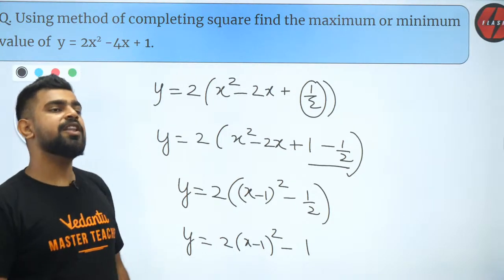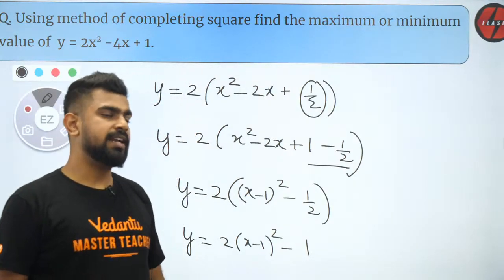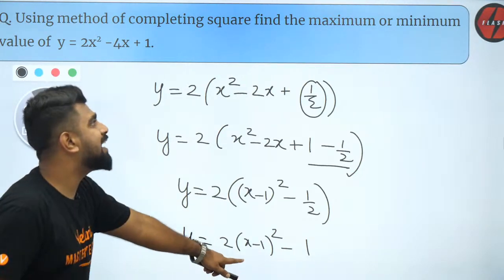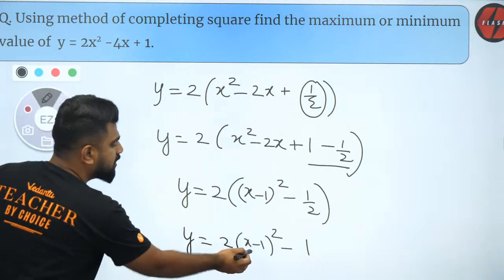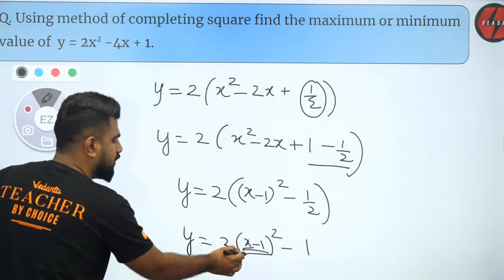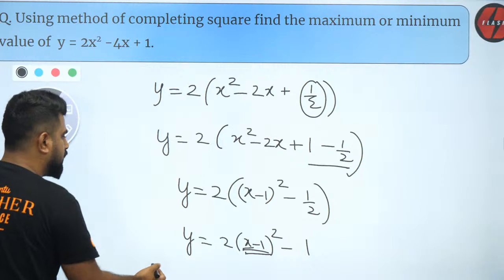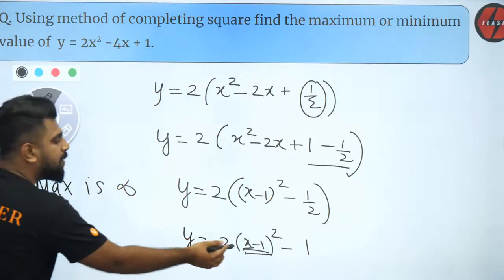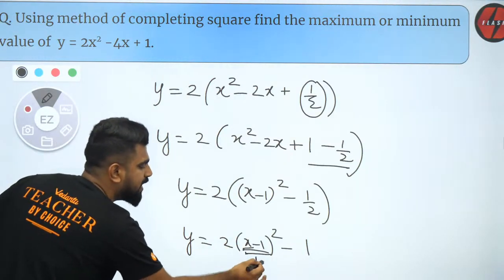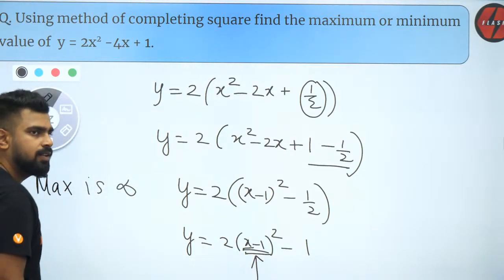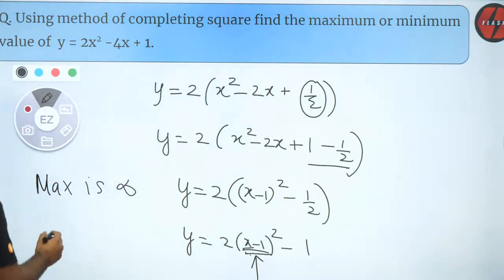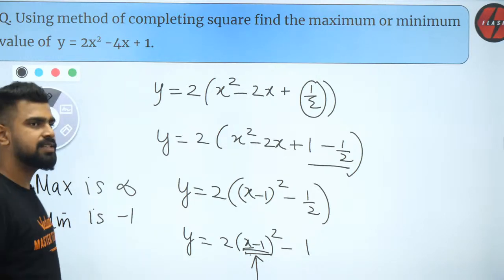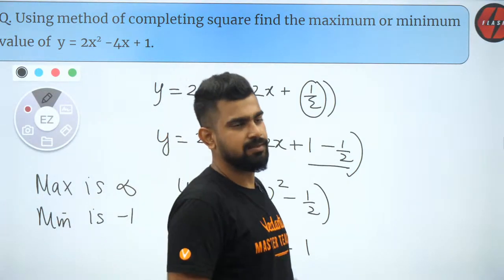Now the maximum value will be infinity, because if this becomes infinity, then y will also be infinity. What is the minimum value? Minimum value is when this is 0. So the minimum value is minus 1. That's it, guys. As simple as that.